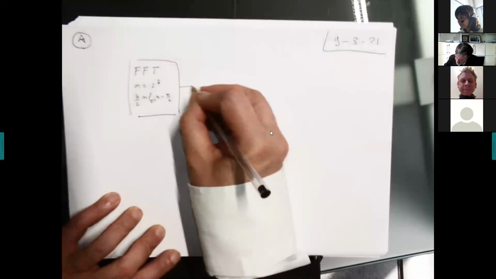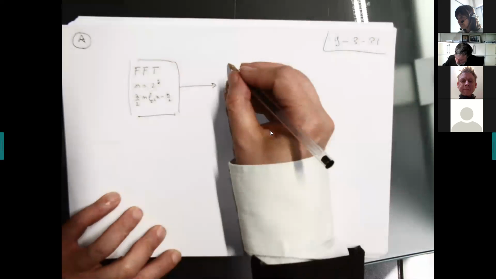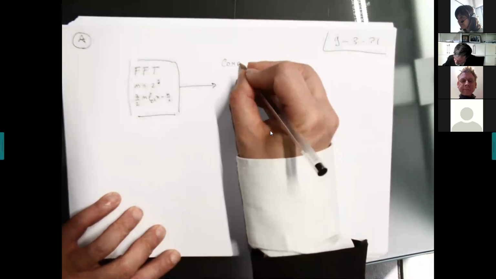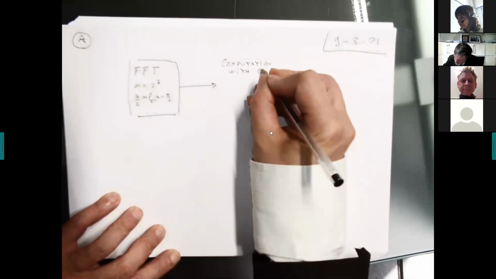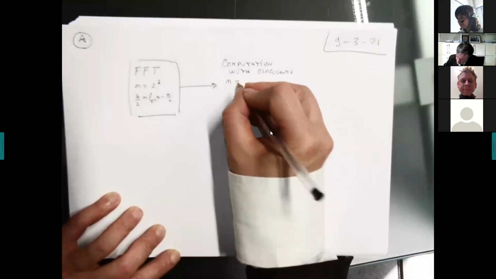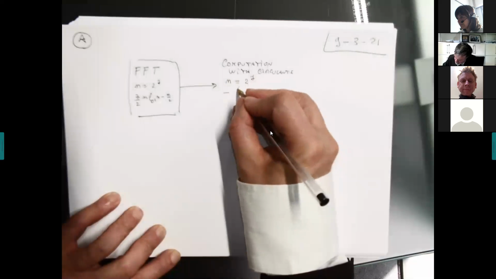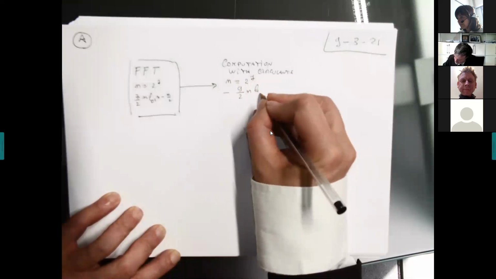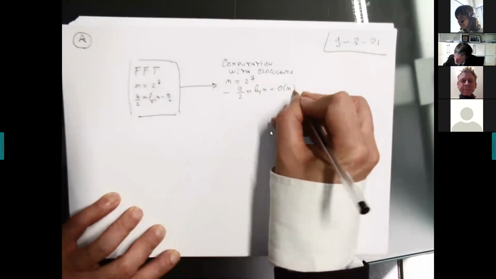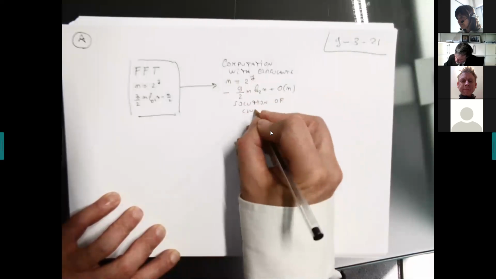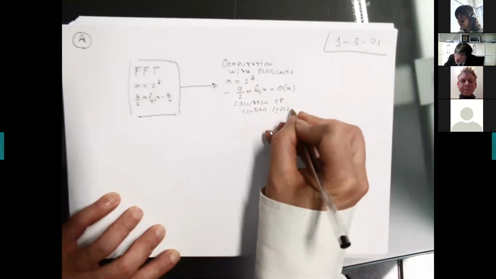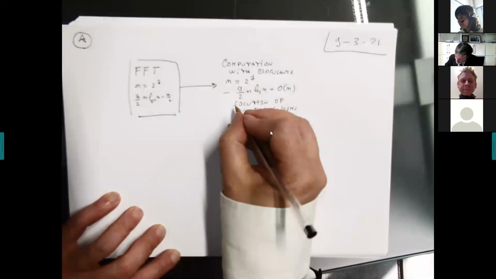Then, using this, we have proved that the computation with circulants, again with the constraint that n is a power of 2, is 9/2 n log 2n plus O(n), both for solution of a linear system and matrix vector product.